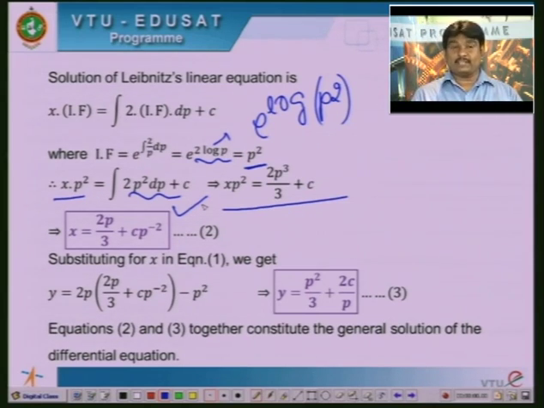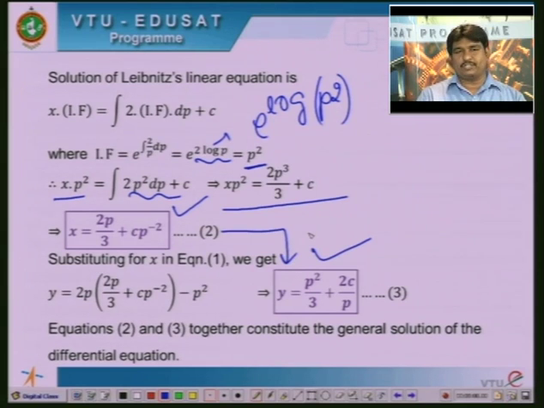So I have expressed x in terms of p. Now if I substitute this x in the given differential equation, I will get y in terms of p as y equals to p square by 3 plus 2c by p. You can see here equations 2 and 3 are in terms of parameter p. So these two together constitute the general solution of the given differential equation, as I mentioned earlier.